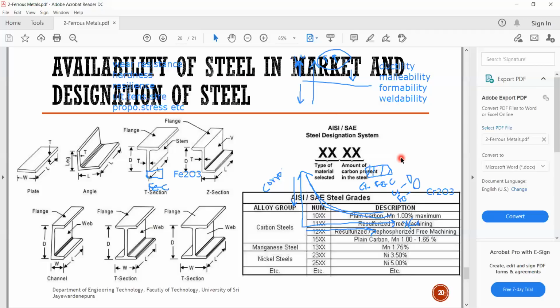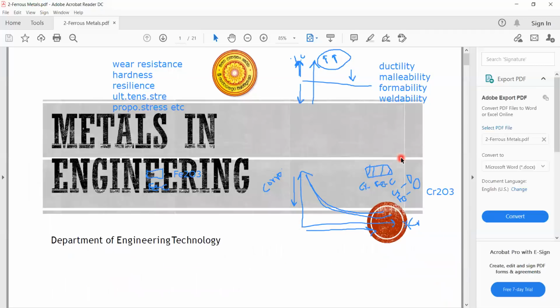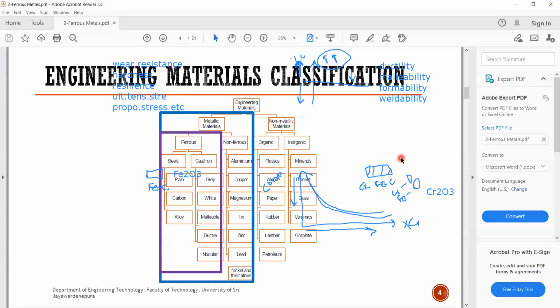Okay, this is the brief. We have discussed the ferrous metals, under the metallic ferrous metals only.